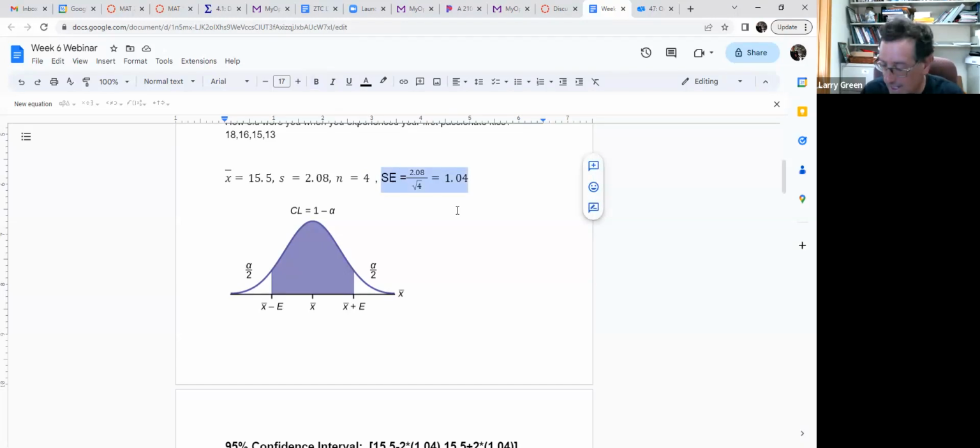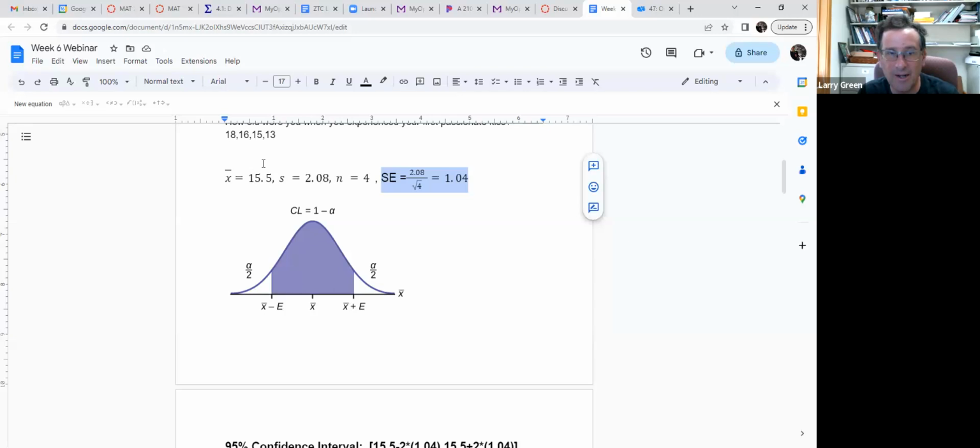And what we're looking at is we're saying, how far do you think the population mean might be? And remember that the standard deviation of the sampling distribution gives you an idea of how far your sample mean is from the population mean. Whereas the standard deviation of the population gives an idea of how far a specific number is from the population mean.